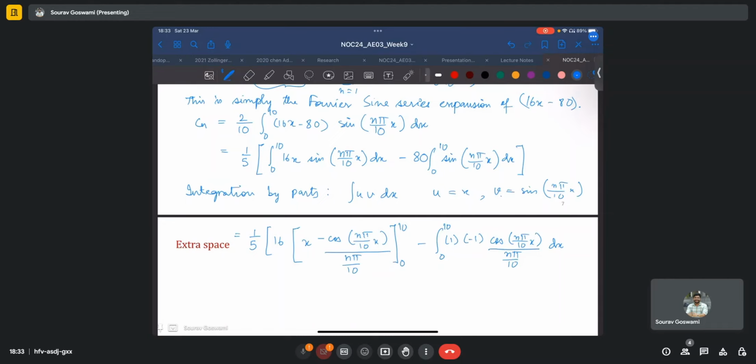And for this one, it's rather simple, minus 80 times minus 1 cos n pi by 10 x by n pi by 10 evaluated between 0 and 10.